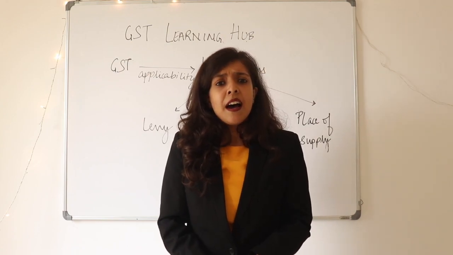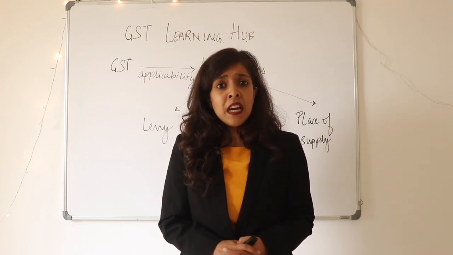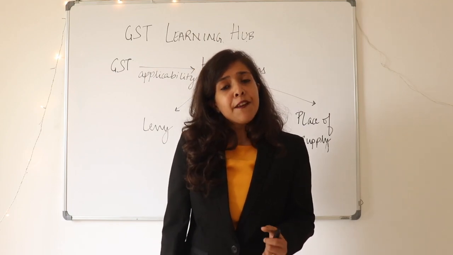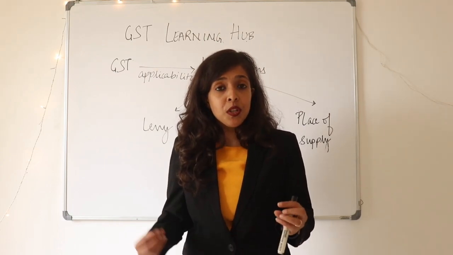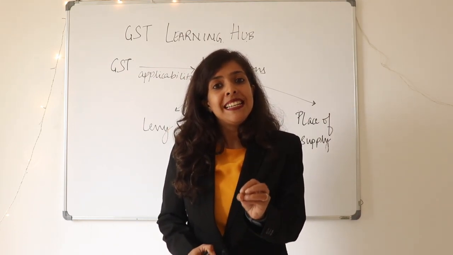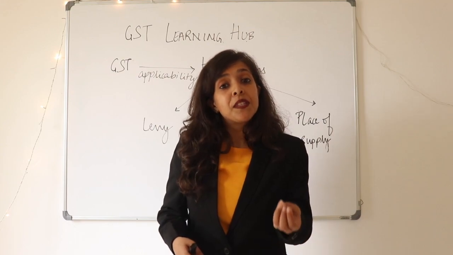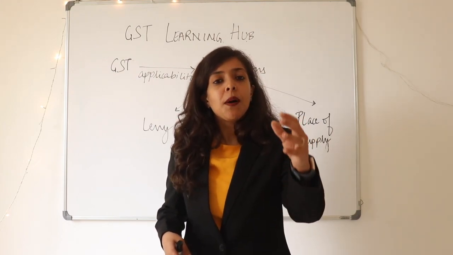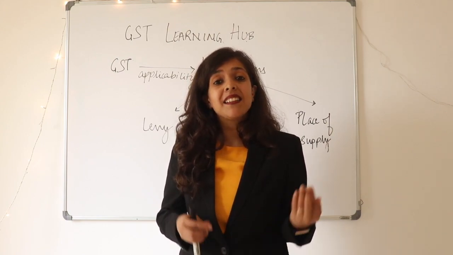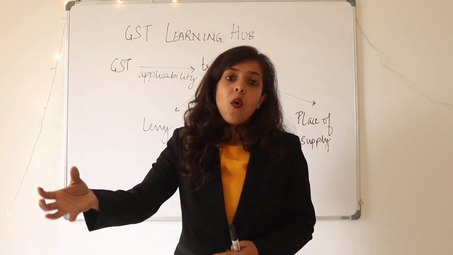Scenario 2. Say for instance, there's a company A who's selling goods. Now all these goods are sold to general consumers. Say for instance, the price of that product to consumers is ₹1,000. Now, when the same company is selling the goods to its related party, say a subsidiary company or a company in which company A has a holding stake, in that case, the company is selling the same product at ₹800 instead of ₹1,000. Why ₹800?